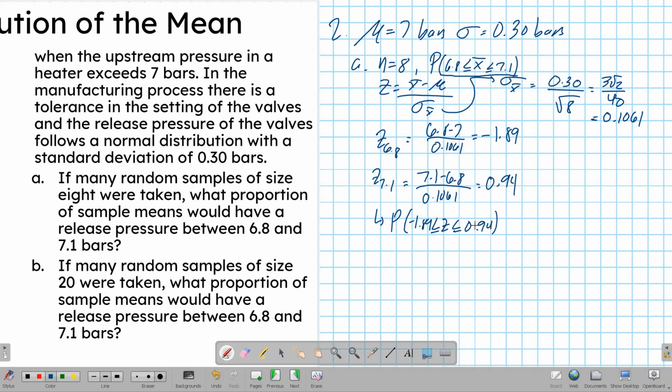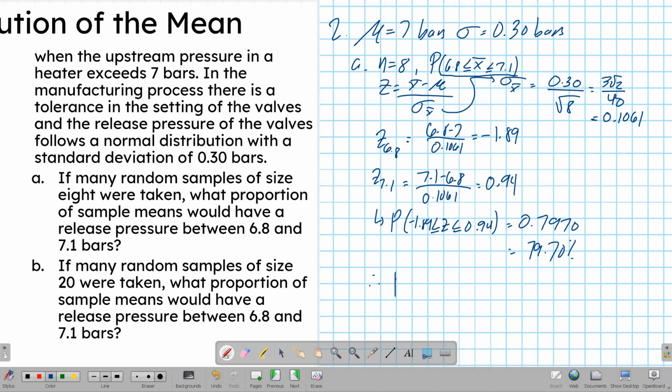Since we are done discussing the normal distribution, you should know already how we will deal with this one, and the answer that we get here is 0.7970 or 79.70%.